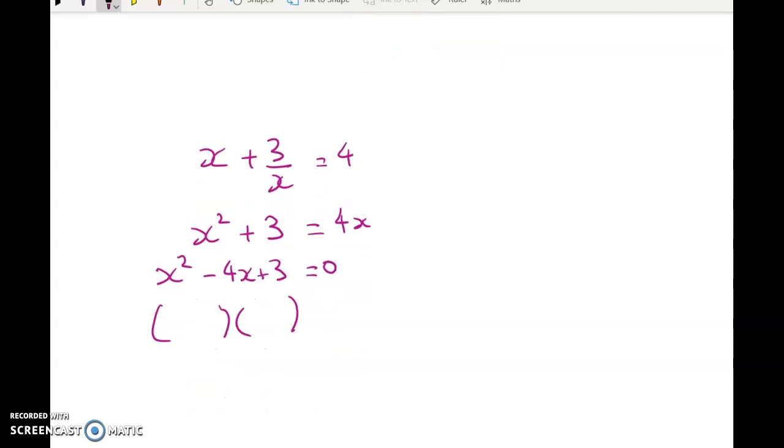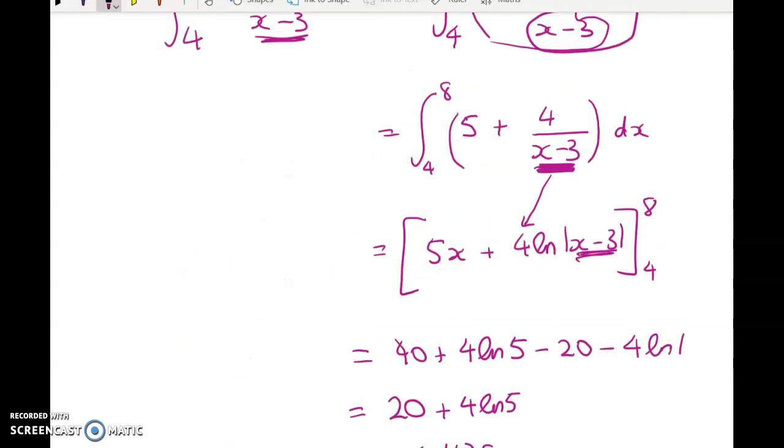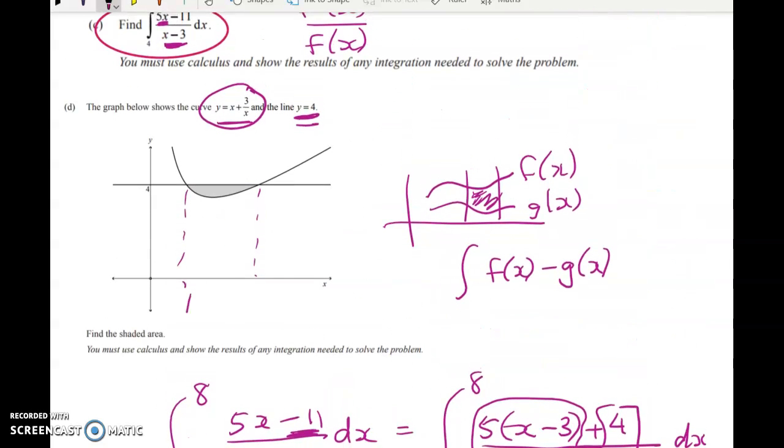So now we look at this, and we can see straight away that it's going to be x minus 1 times x minus 3. So those are the two values for the limits here. We've got 1 and 3. And the top function here is the line y equals 4, and the bottom curve is this one here.